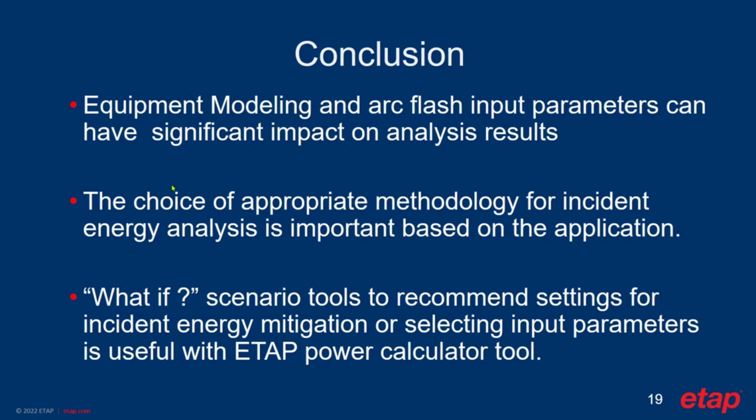But choosing the correct working distance that is not going to give you under conservative results, but at the same time not going to exceed the 40 cal suit, would definitely be considered by using the power calculator tool or the plots option in the Arcflash calculator, which reduced a lot of man hours and helped us finish the project on time.